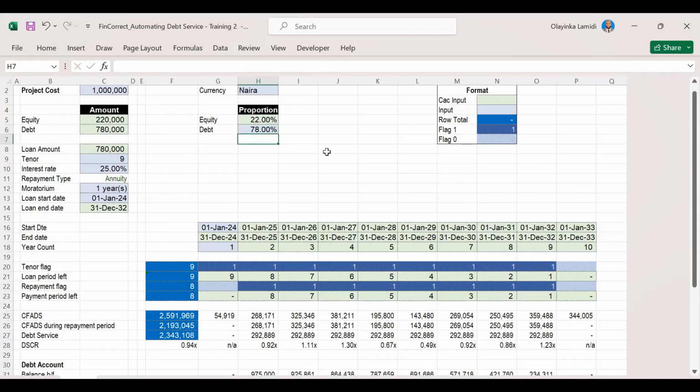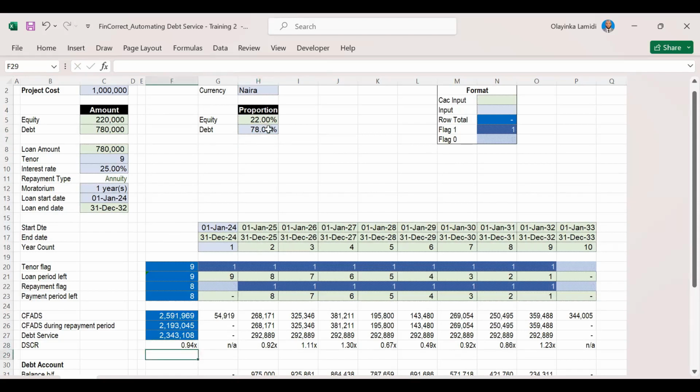my cash flow can only cover 0.94, and this means the DSCR, the debt service coverage ratio, is less than 1. It simply means your cash flow is not enough to cover your debt service. If you go with this, it's likely that the project may not be viable because you'd default on the loan you've raised.